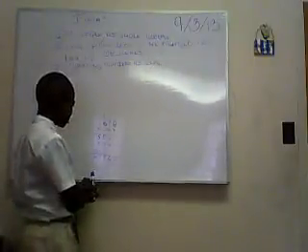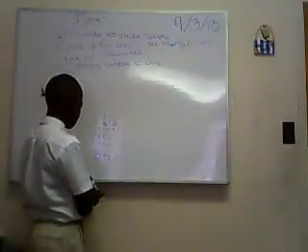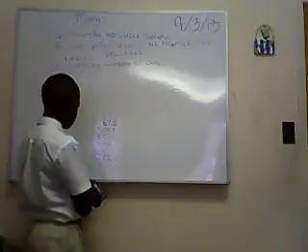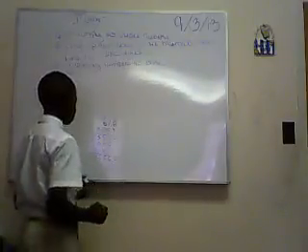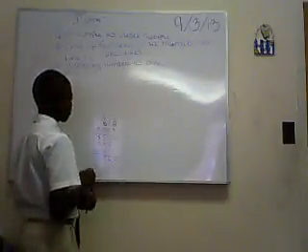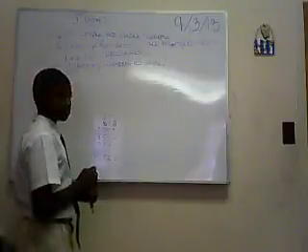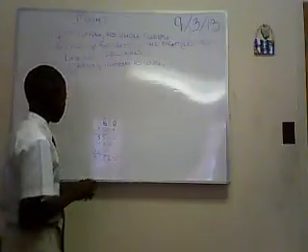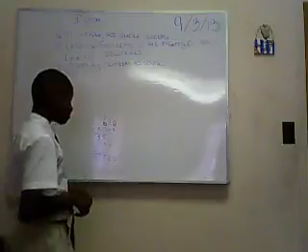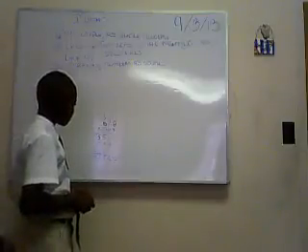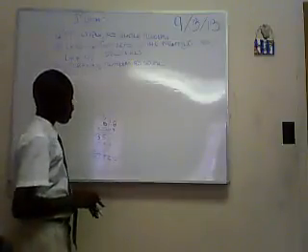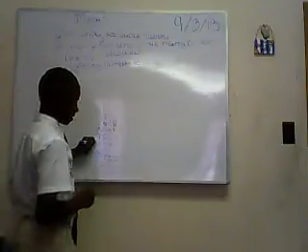Nine times 8 is 72. Carry your 7. 9 times 1 is 9, plus 7 is 16. Carry your 1. 9 times 6 is 54, plus 1 is 55, right? Yes. And a 0 there.